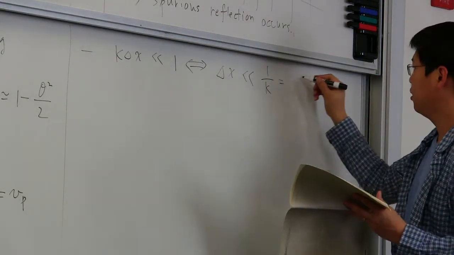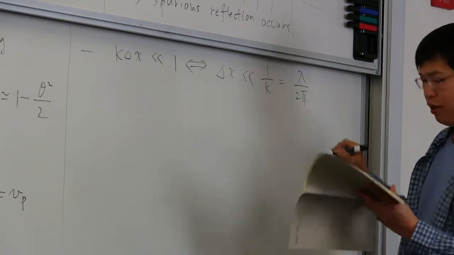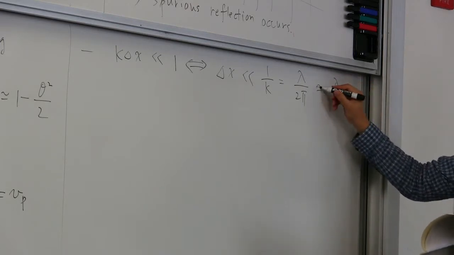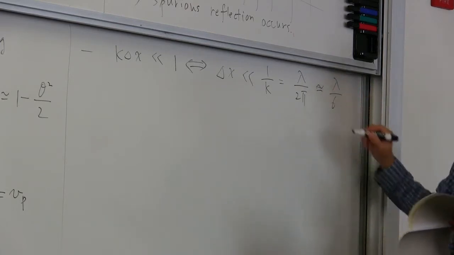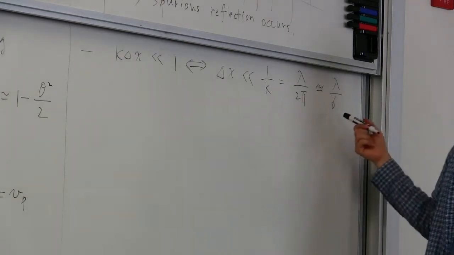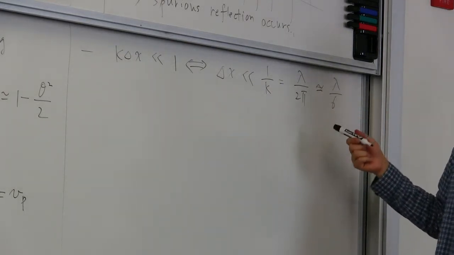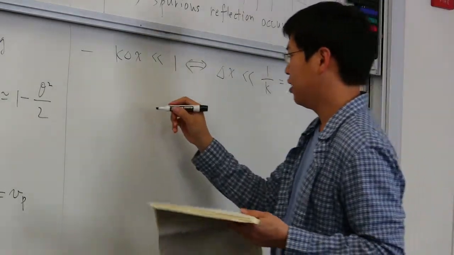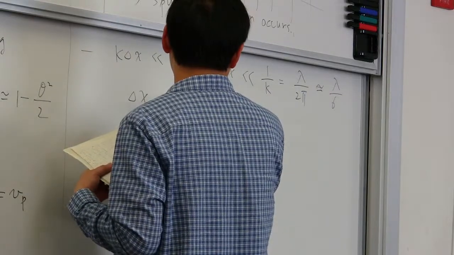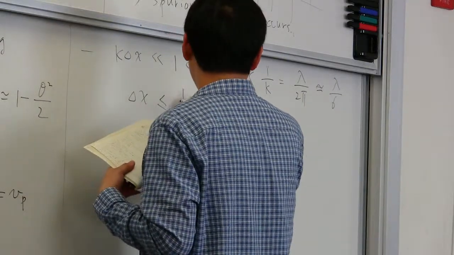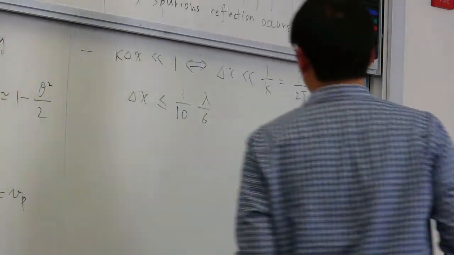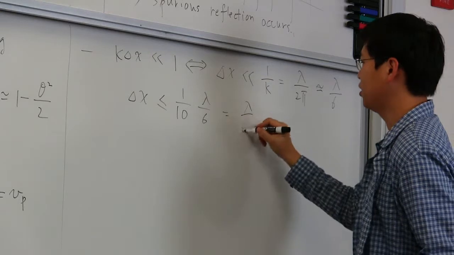This is lambda over 2 pi, which is approximately lambda over 6. And when you say that something is much smaller than lambda over 6, you say that delta x is smaller than 1/10 of lambda over 6, right? Which is lambda over 60.